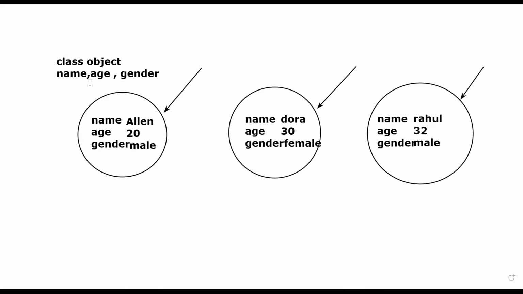Same way, we got the base architecture, name, age, gender, but with the help of an object, I'm creating different memories in which these variables will be copied, variables or methods, whatever you have declared globally outside the main method, everything will be copied here, and you can give values according to your requirement.